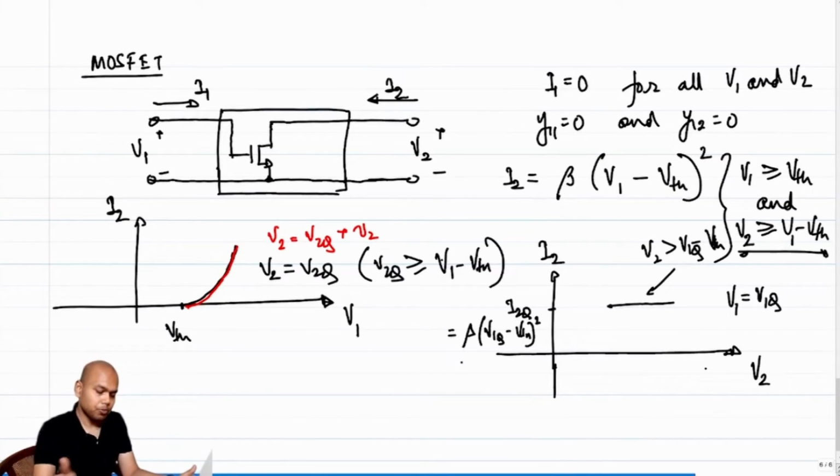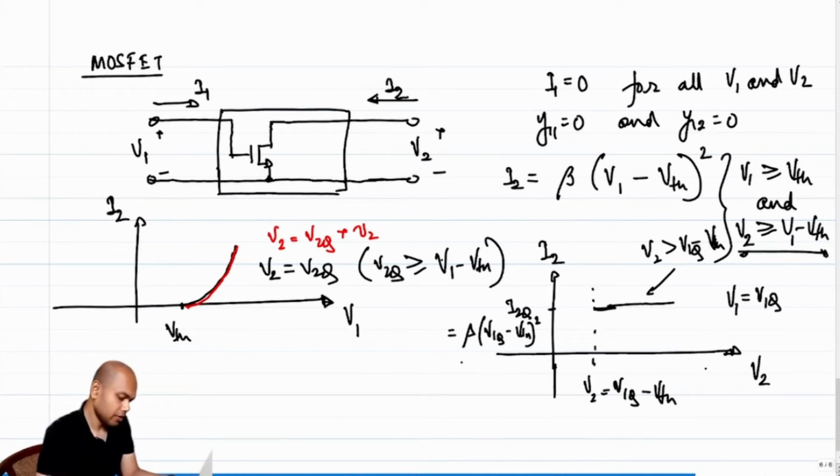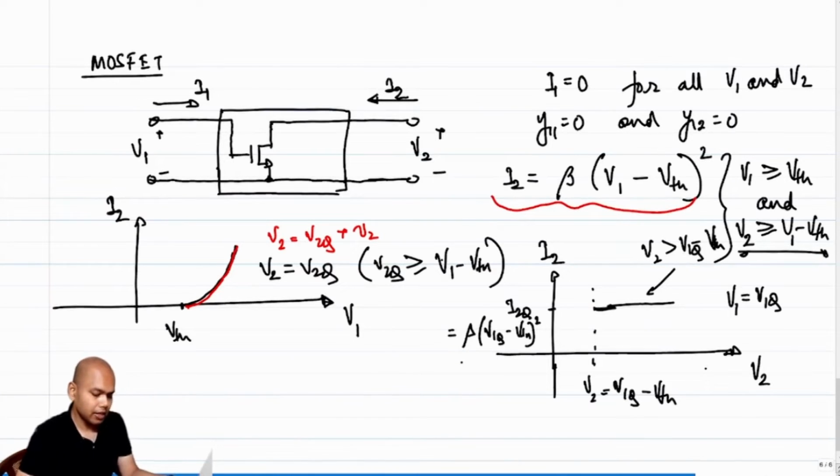As you decrease V2, at some point you meet V2 equal to V1Q minus threshold voltage, and the boundary of the validity of this equation is this line where V2 is equal to V1Q minus VTH.